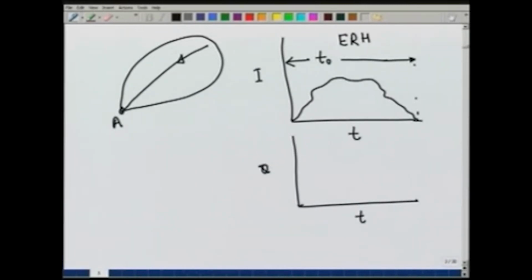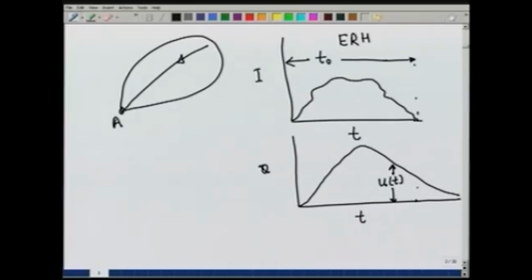Let us say that the IUH looks like this. Typically, the ordinates of IUH are denoted by U. So, the small u t represents the ordinate of the IUH at time t.